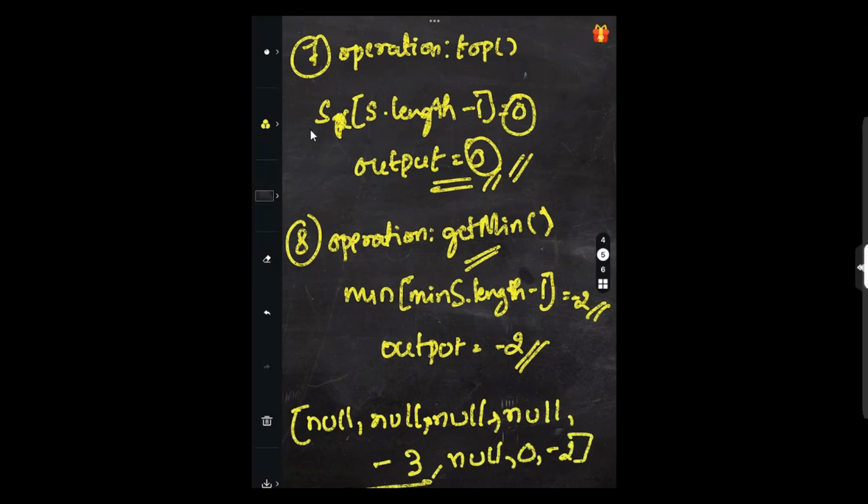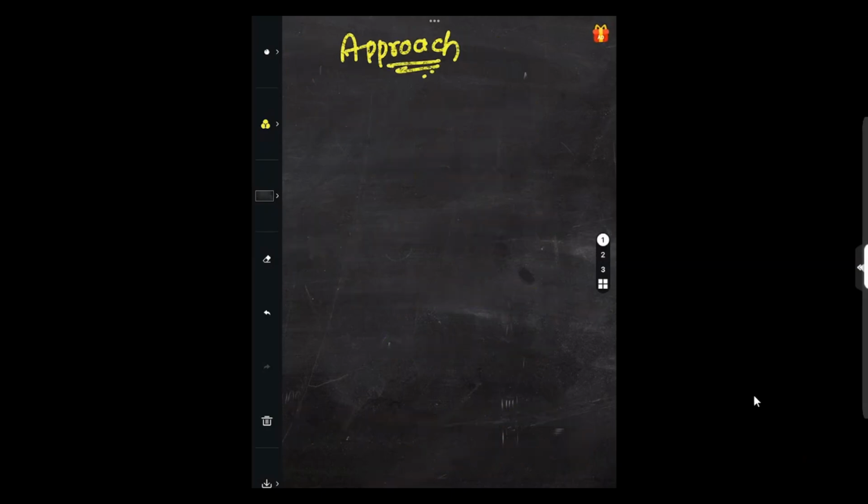This is how we got this output. So next, let's discuss the approach, then let's discuss all the edge cases one by one, then let's write the code and discuss the complexities as well, right?